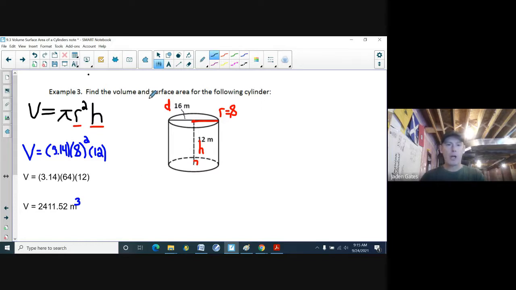Now, like I said, we're also going to find the surface area. And properly, I'll put SA here. Surface area, again, is 2 times pi times r squared plus 2 pi times RH. There it is. So I'm going to substitute in, right?